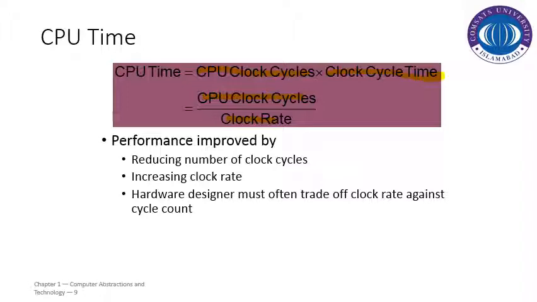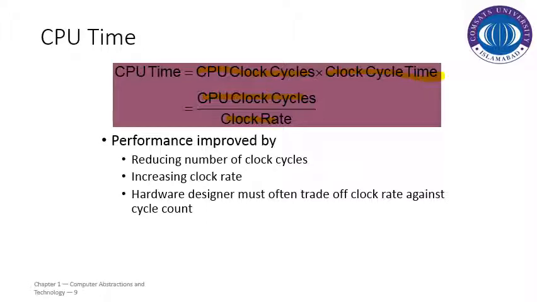Or we can increase the clock rate. CPU time is CPU cycles divided by clock rate, and the clock rate has a reciprocal relationship with the clock cycle time. So if we increase the clock rate, definitely the CPU time will decrease, and in that case the performance will automatically increase.